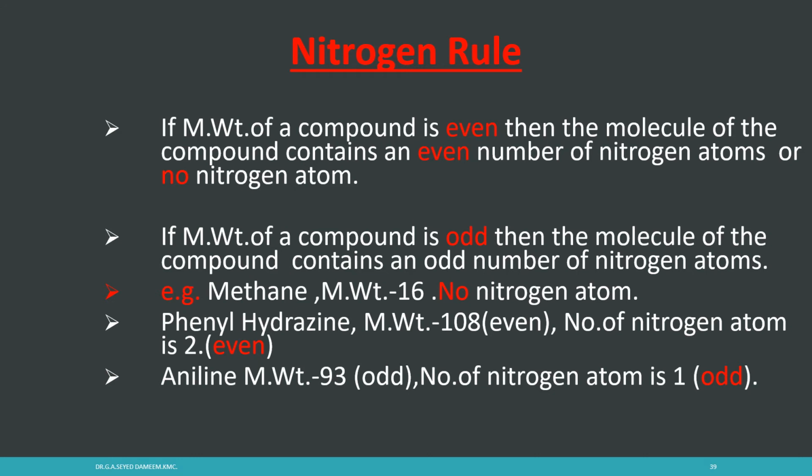Consider another compound, aniline: molecular weight is 93, odd, and the number of nitrogen atoms is 1. So the nitrogen rule gives a clue about the number of nitrogen atoms in the formula. It is very simple: if the molecular weight is odd, the molecular formula contains an odd number of nitrogen atoms; if it is even, the formula contains an even number of nitrogen atoms or none.